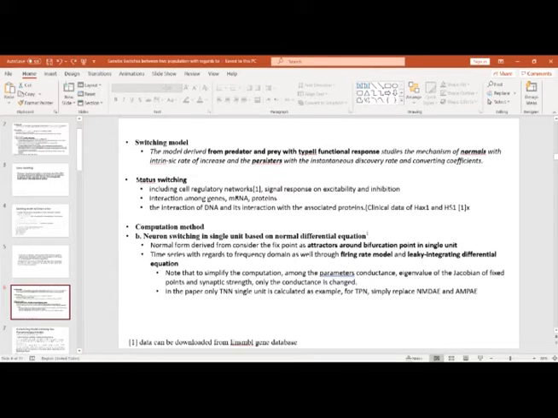This is just for the single unit method, and we also use the condition equations to set the equation equal to 0 and get the result.